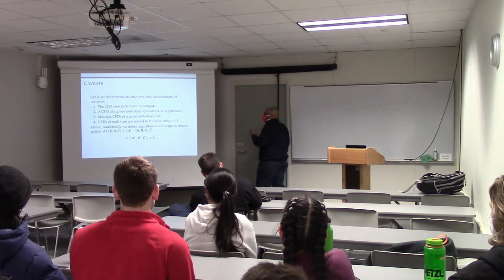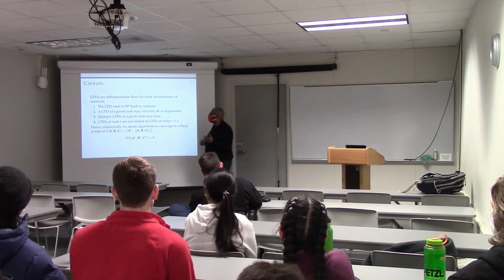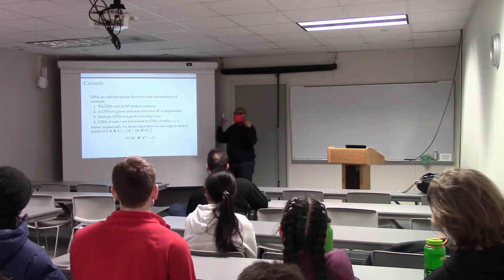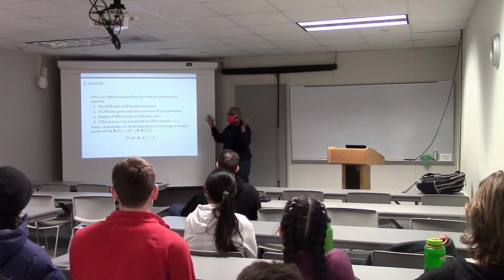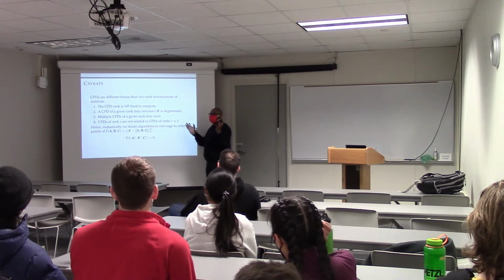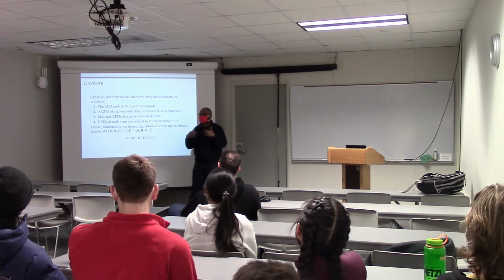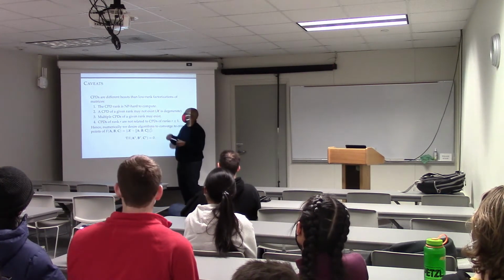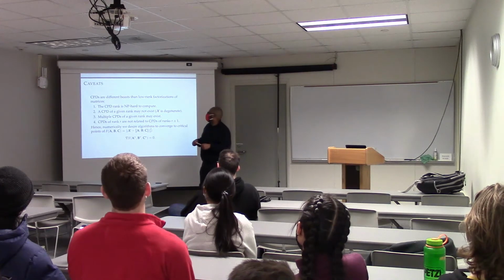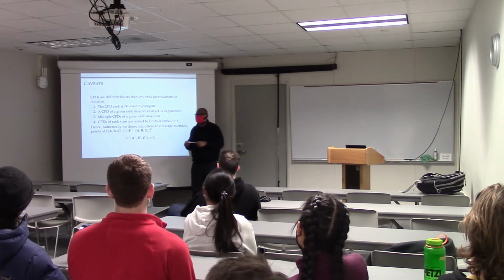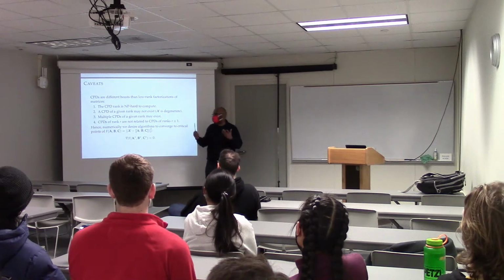Okay, so back to caveats. CPDs, as I mentioned, are different than low-rank factorizations because we don't have the SVD, which tells us everything we want to know about low-rank approximations of matrices. Okay, so in particular, even if I give you a tensor, it's NP-hard to compute its rank. The CPD of a given rank may not exist. Okay, that can happen.